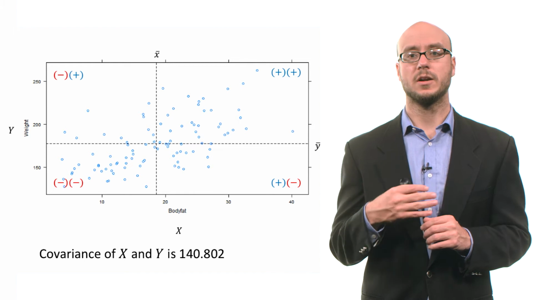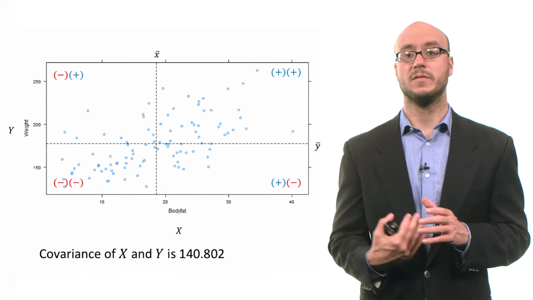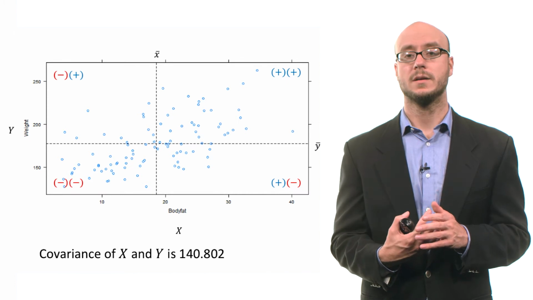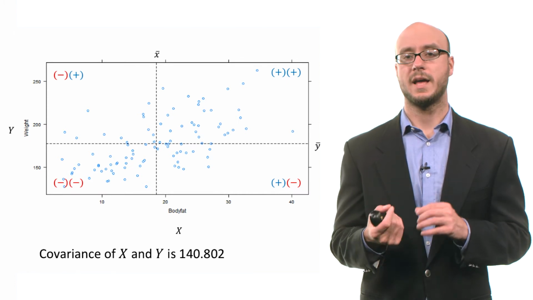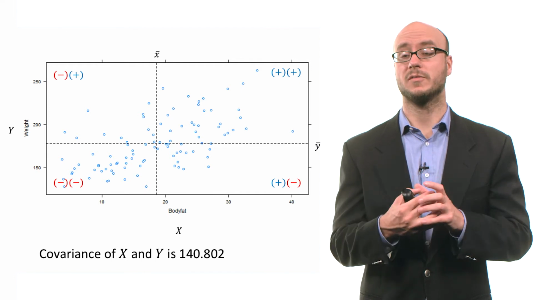In the lower left-hand quadrant, you have data points that in general are below the mean of X and below the mean of Y. And so those data points have two negative deviations, but when we multiply those, we get positive cross products. And so that positive linear relationship is a function of the fact that we have more data points in the upper right, and in the lower left. And so when we calculate covariance, we get this positive measure.